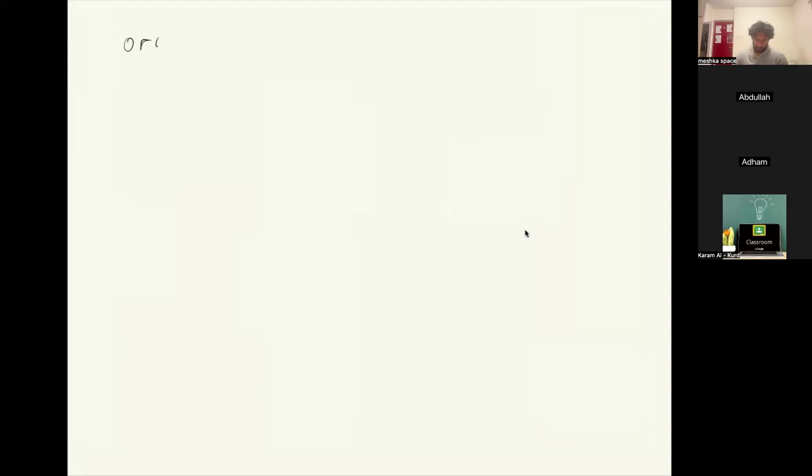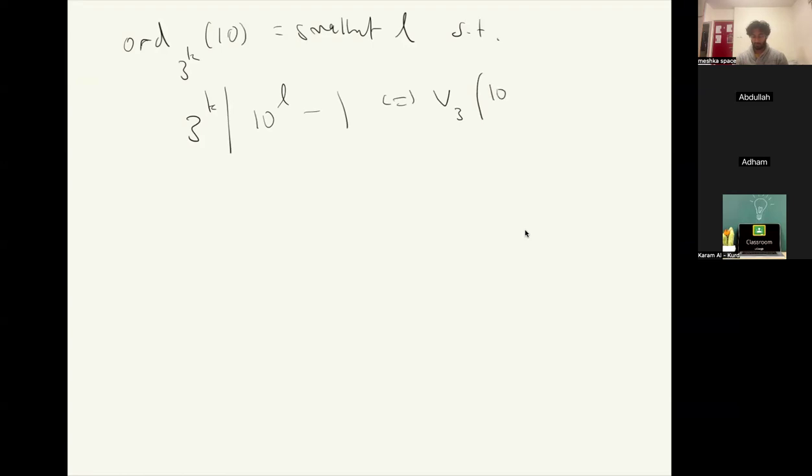If I want to understand the order of 10 modulo 3 to the k, what is this? It's the smallest L such that 3 to the k divides 10 to the L minus 1. So it's the smallest L such that the valuation of 10 to the L minus 1 is greater than or equal to k. What is the exponent lemma going to tell me?